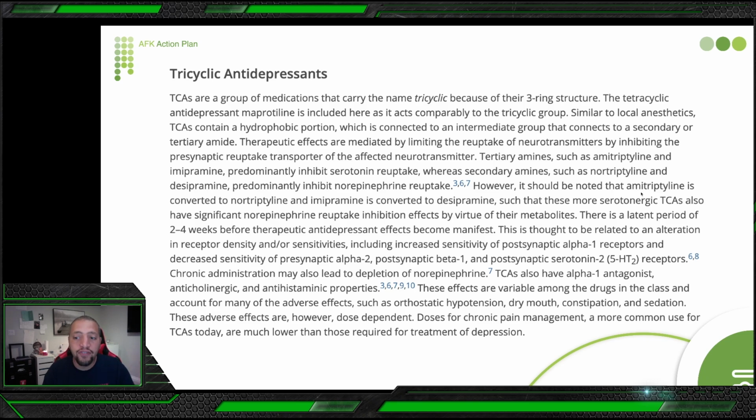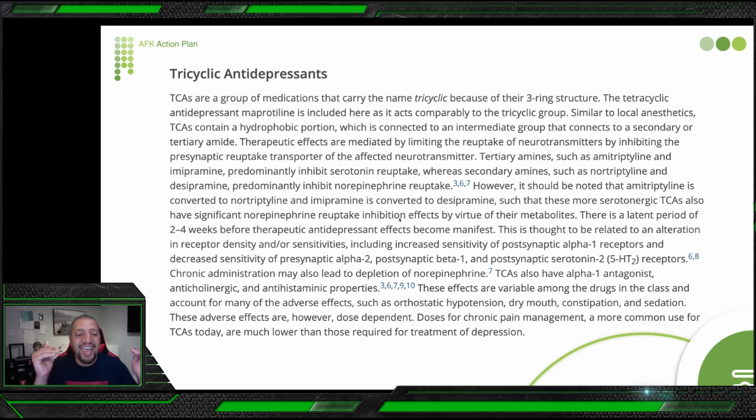So the mode of action of these drugs is that they are metabolized, and then it leads to significant norepinephrine reuptake inhibition. Think about the synapse: it has norepinephrine, the synapse is working, and when norepinephrine is done, it is reuptaken, meaning it is not active anymore.